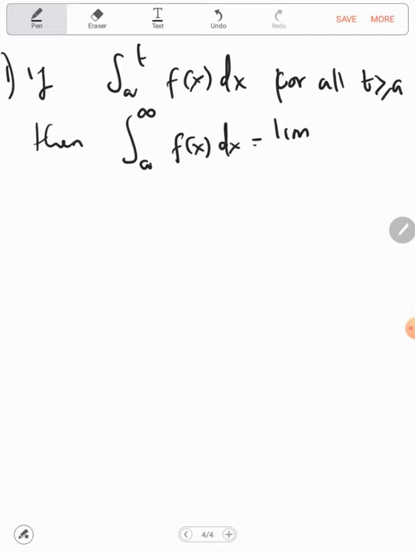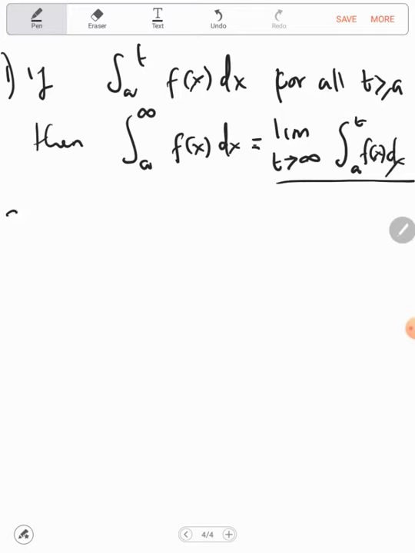So we introduce a limit wherever we have infinity. So, as t goes to infinity, this now becomes the integral from a to t of f of x dx. So this is how, wherever we have infinity, we now introduce the limit.